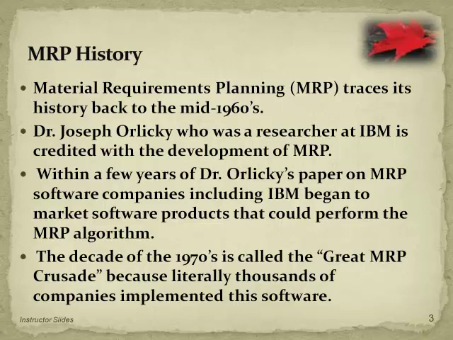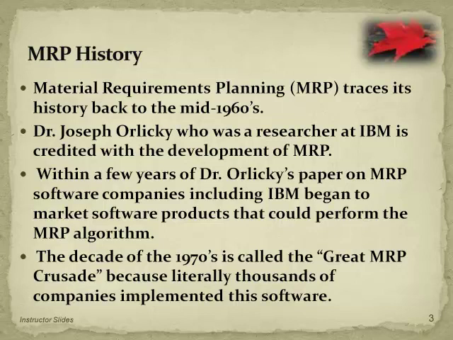But again, getting back historically, shortly after he had published his initial paper on MRP, IBM, the company he was working for, as well as other software companies, began to write the software code that would essentially perform the MRP algorithm that Orlicki had espoused.